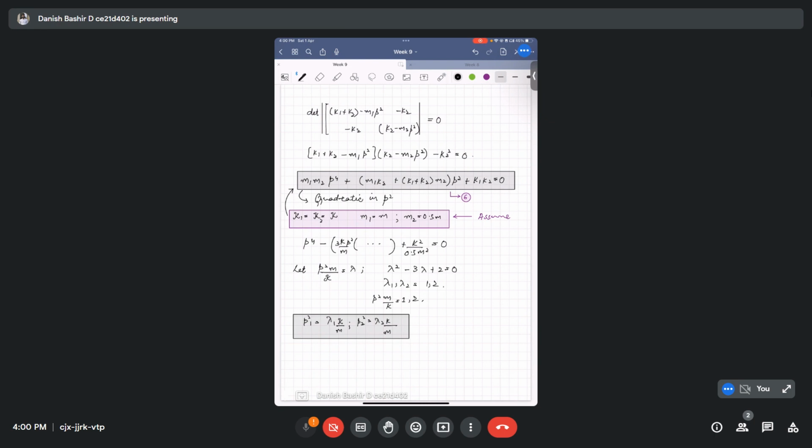For mode shapes, we substitute lambda 1 and lambda 2 and get the corresponding mode shapes.